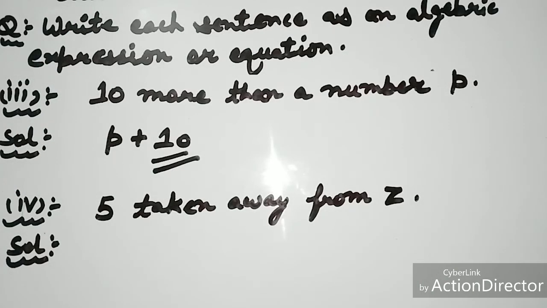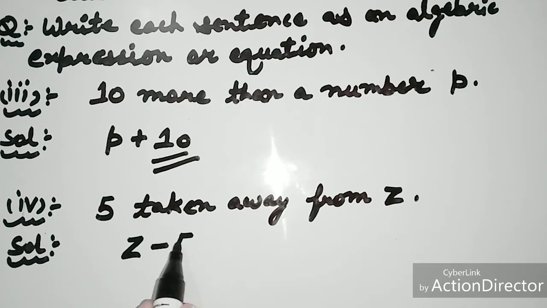Now the next example, example number 4: 5 taken away from Z means 5 is taken away from Z. So here we write Z minus 5.